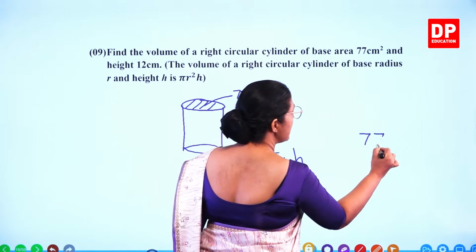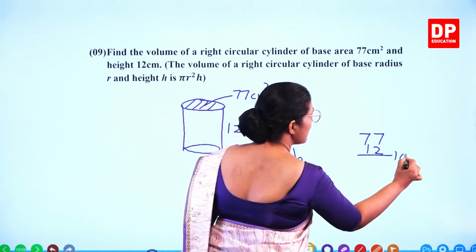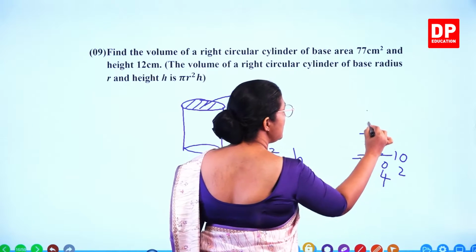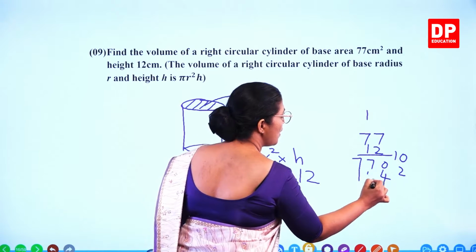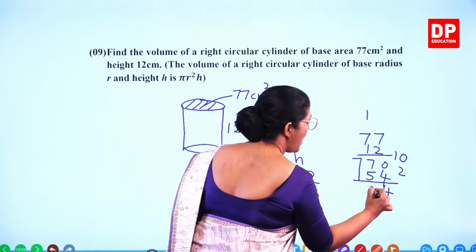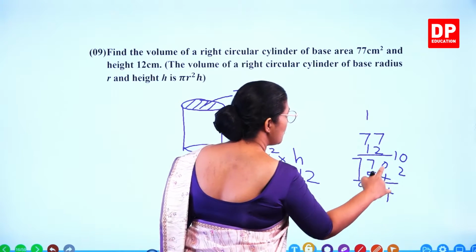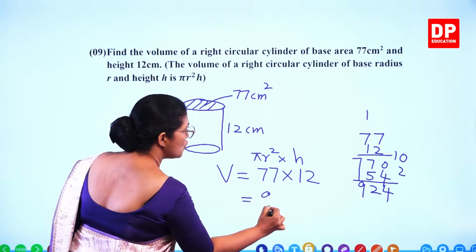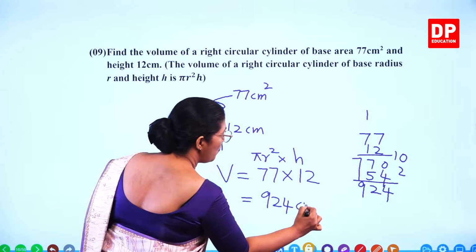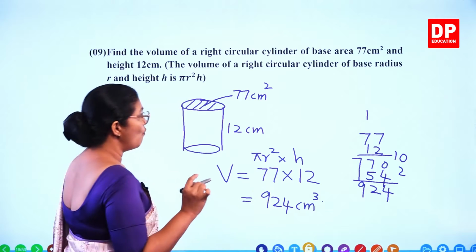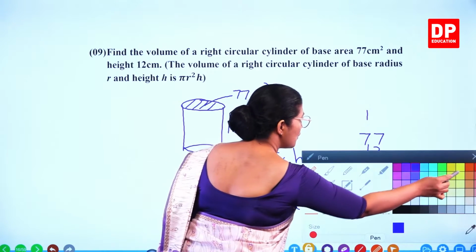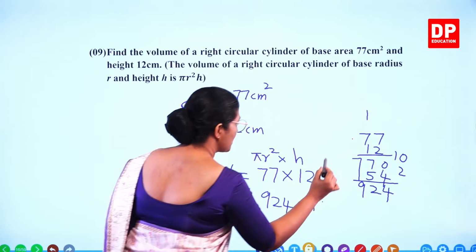So what's the multiplication? 10 and 2, you get 2 times 7, 14, 2 times 7, 14 plus 1, 15. So when you are adding, you get 924 cubic centimeters is the volume of the cylinder. So you get 2 marks for that.